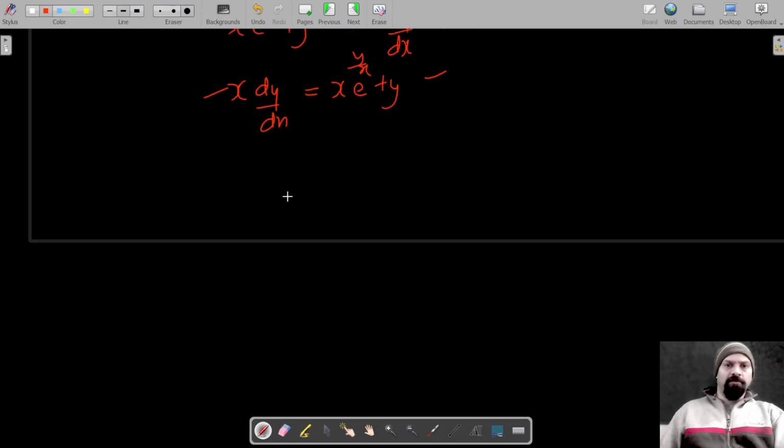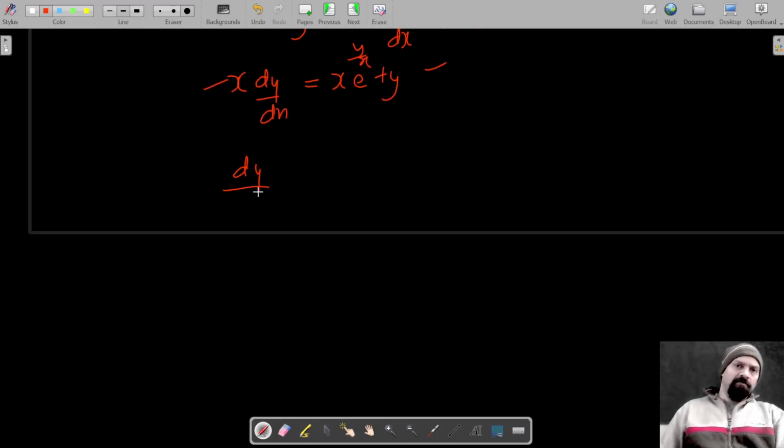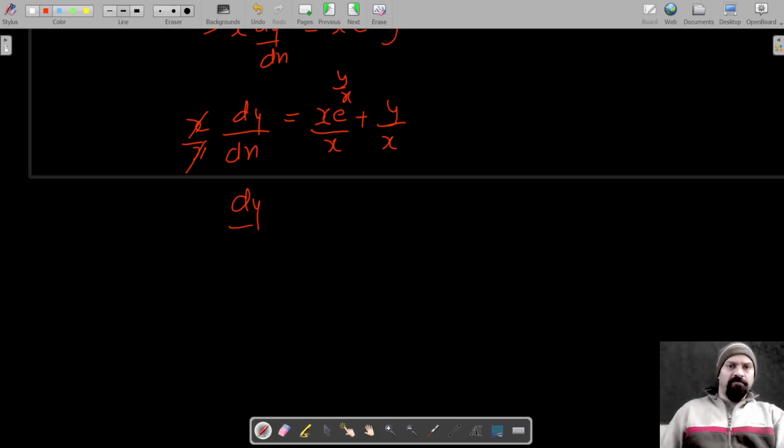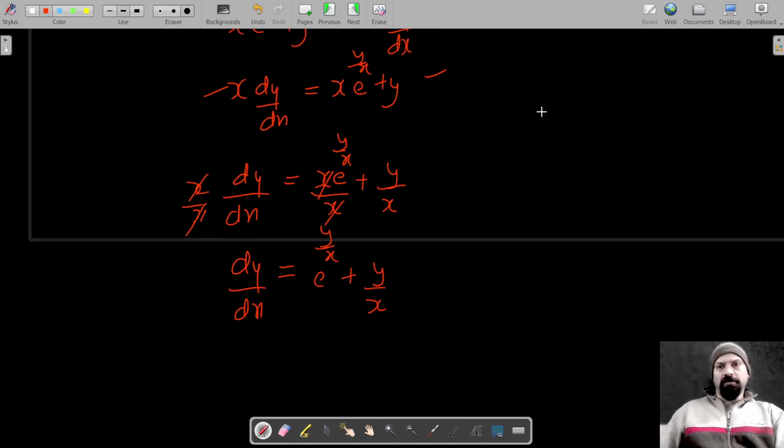Let's separate both the terms by x. So dy by dx is equal to x into e raised power y by x divided by x plus y by x. So this was also divided by x, so x and x get cancelled. So finally we have dy by dx is equal to e raised power y by x plus y by x.